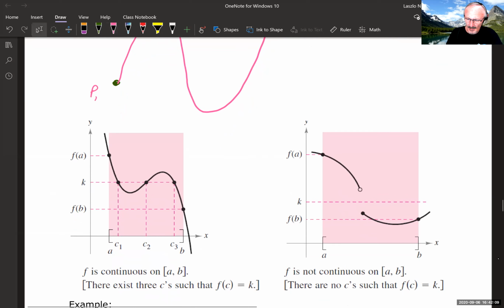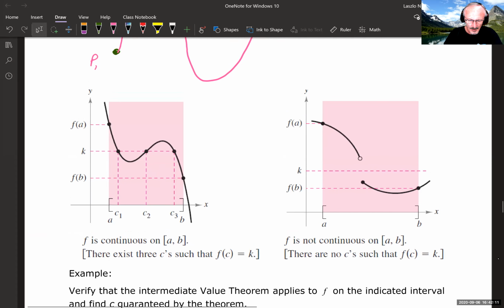And here we have 2 different depictions. Let's take a look at this. On the left, f is continuous on the interval a through b. There exist 3 c's such that f of c is equal to k.